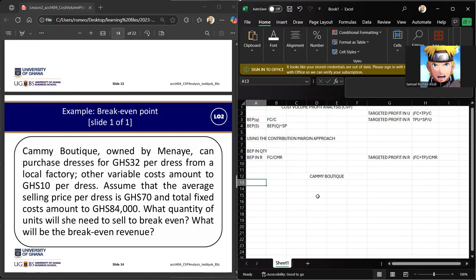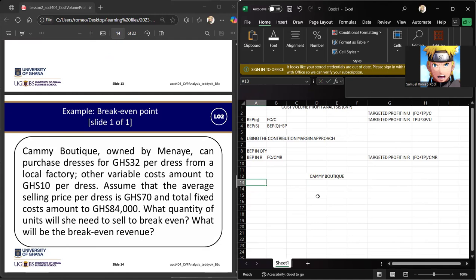Kami Boutique, owned by Ama, can purchase dresses for 32 cedis per dress from the local factory. Other variable costs amount to 10 cedis per dress. Assume that the average selling price per dress is 70 cedis and the total fixed cost amounts to 84,000. What quantity of units will she need to sell to break even? What will be the break-even revenue?